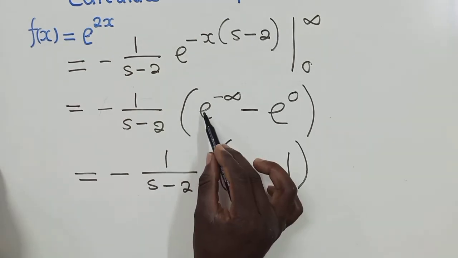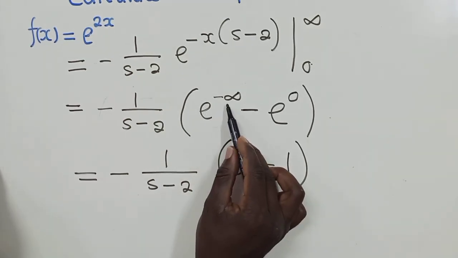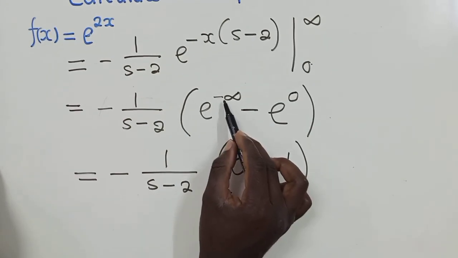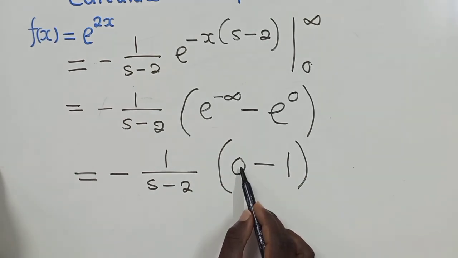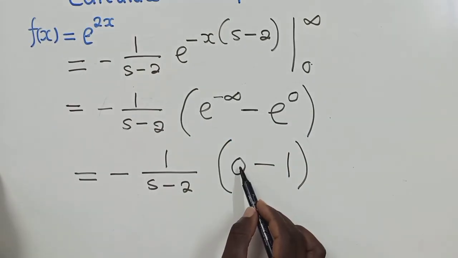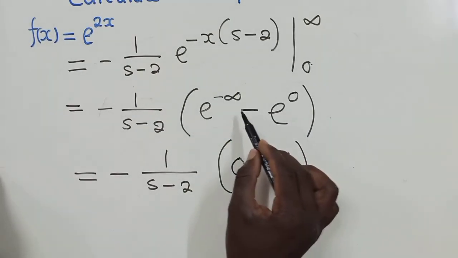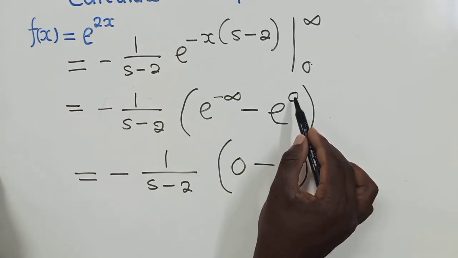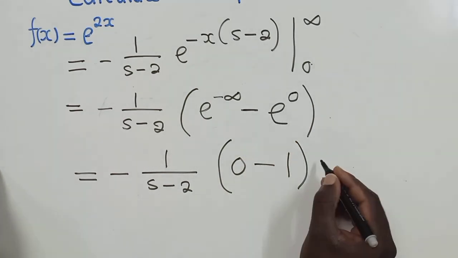Here, we have a 0 minus a 1. E to the power negative infinity: the answer will be equal to what? To 0, because this negative infinity is approaching 0. So the answer will always be 0. And then e to the power 0, the answer will always be 1.